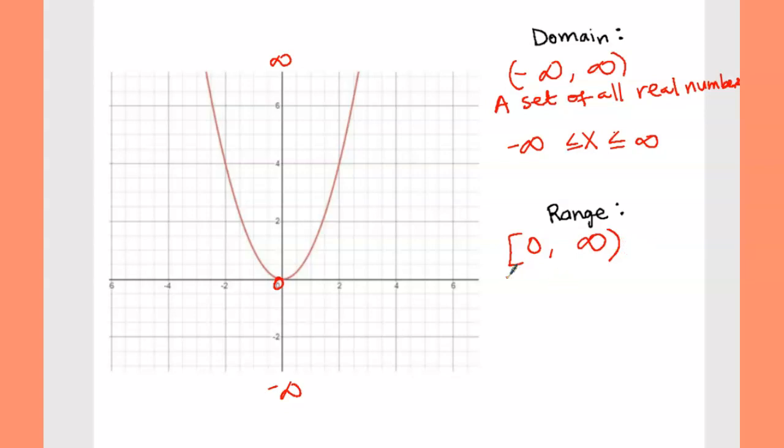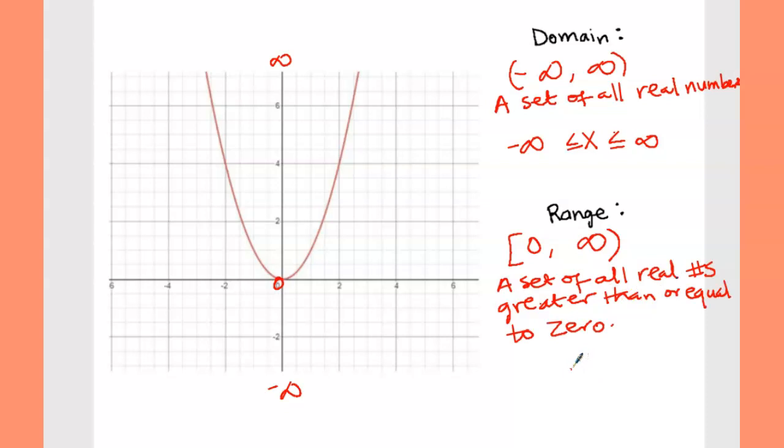And how do we write it in other way? We will say that it's a set of all real numbers greater than or equal to 0. Okay, we want to get the y involved, so we write the y, and we write that it keeps on going to the positive infinity. It started from 0.